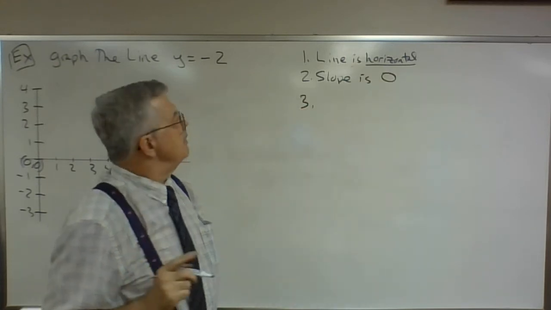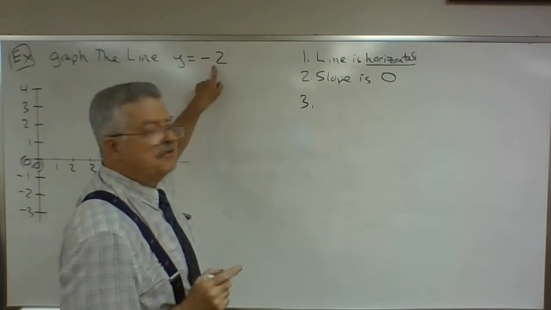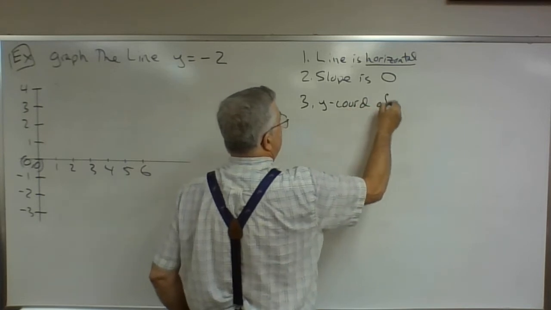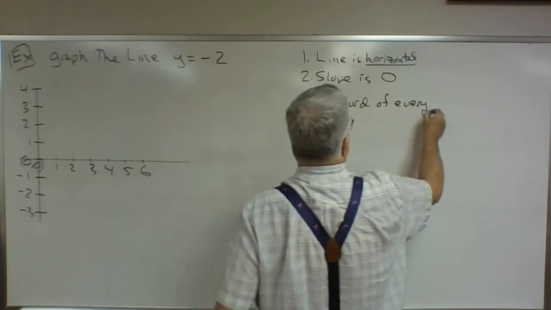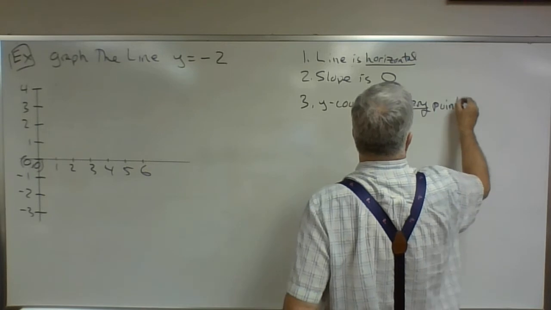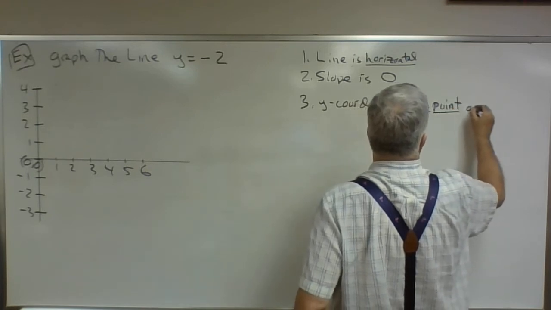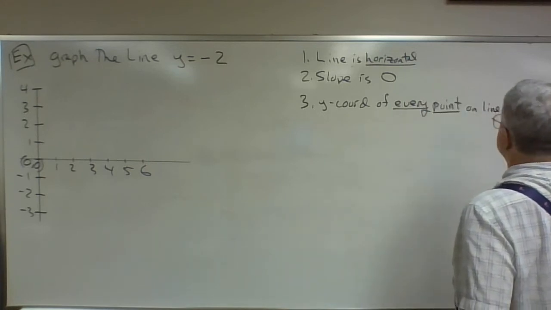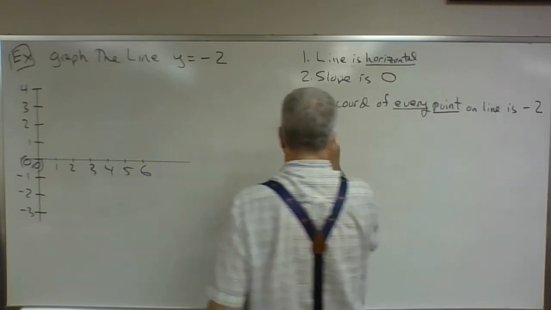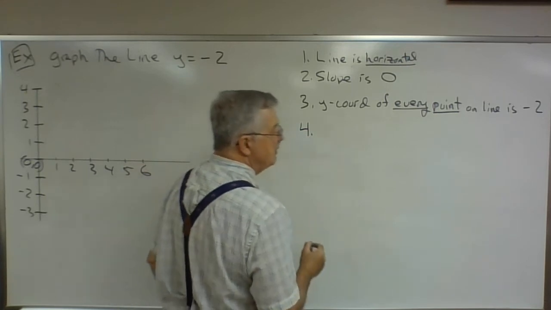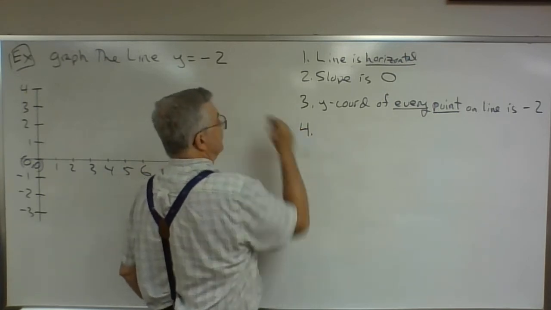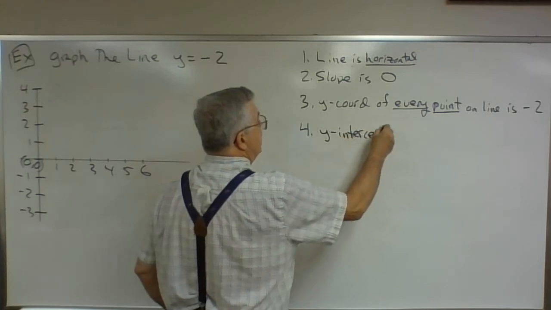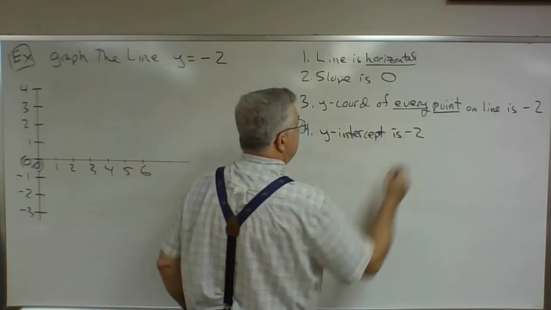The y-coordinate of every point on the line is -2. And more specifically, the y-intercept is -2.